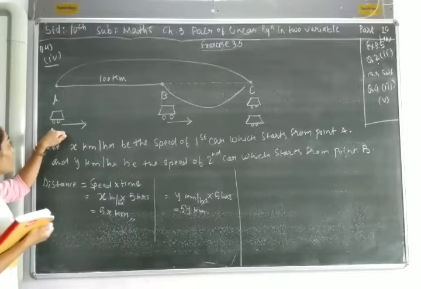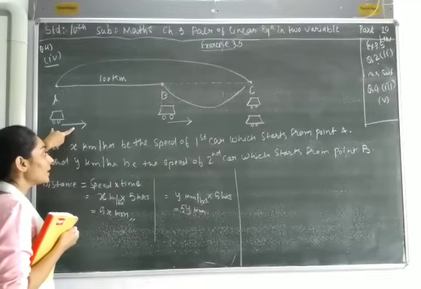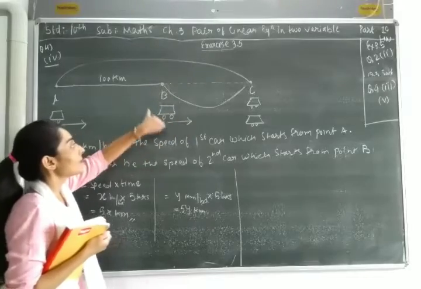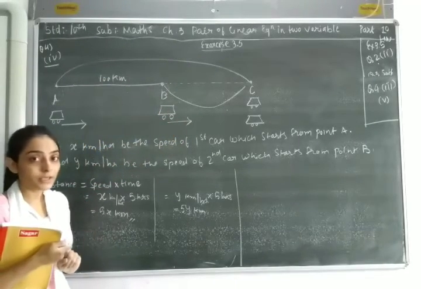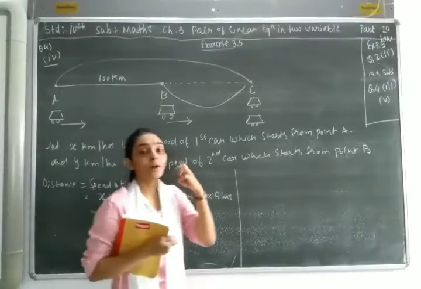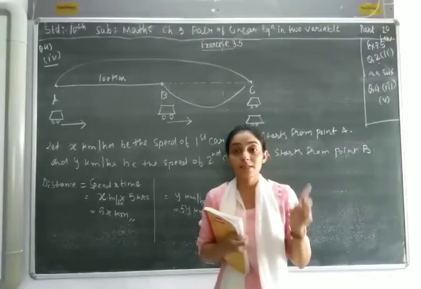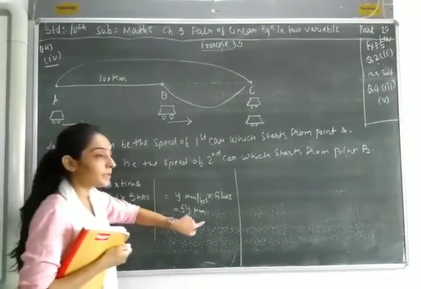The first car travels 5x kilometers, subtract what the second car travels, and we get 100 kilometers. Why am I taking both? All the units should be the same, because this one is given in kilometers and kilometers.